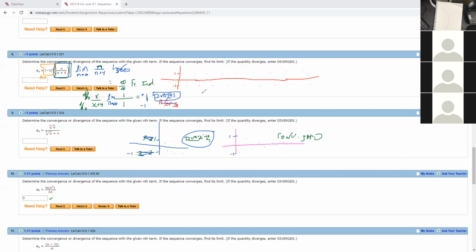It's not alternating, getting closer to a single finite number. I have to be careful trying not to use different words. So this is the indeterminate divergent type where it is alternating, but not closer and closer to a single finite number. Does that make sense? Yes. Okay, guys.